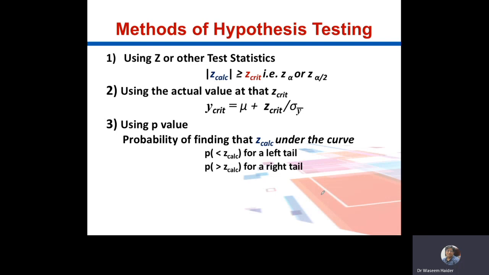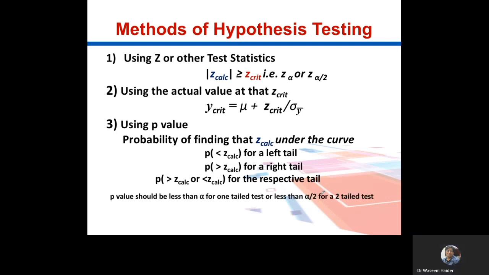And P of either greater than Z calculated or less than Z calculated for the respective tail in a two-tail test. And for one-tail test, this p-value should be less than alpha, and for a two-tail test, it should be less than alpha by 2 in the respective tail.